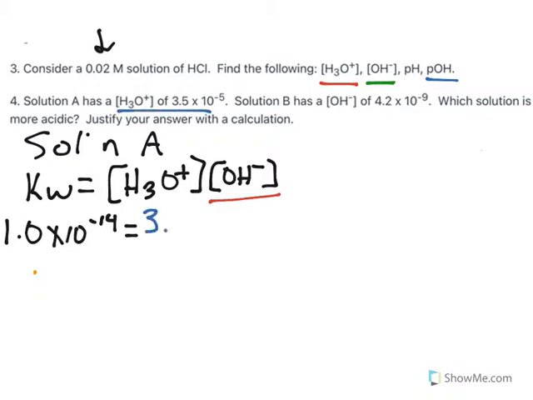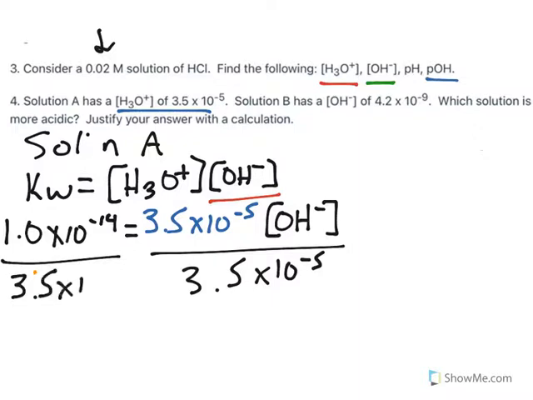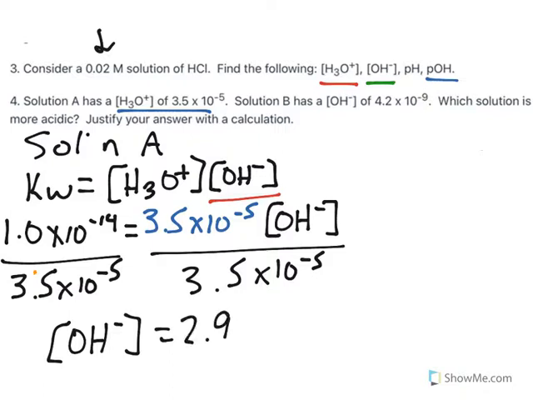It is 3.5 times 10 to the negative 5th. And we don't know the hydroxide concentration, but we can divide both sides by 3.5 times 10 to the negative 5th. When you plug this into your calculator, you need to be careful and put the denominator in parentheses. So let's plug this in. Your hydroxide concentration, to 2 sig figs, is 2.9 times 10 to the negative 10th molar.